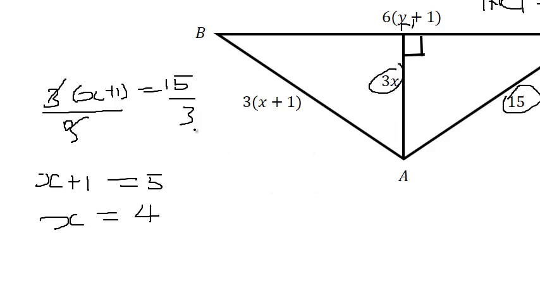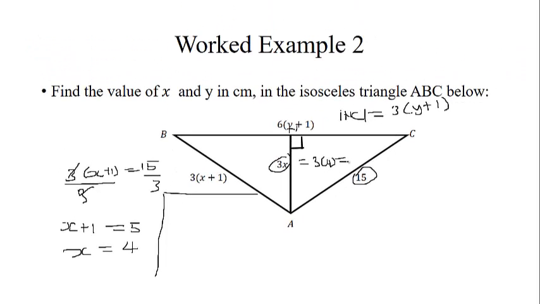Now if x is equal to 4, then it means 3x will be equal to 3 times 4, which will be 12. So now, we can base on these two values to determine the value of y.